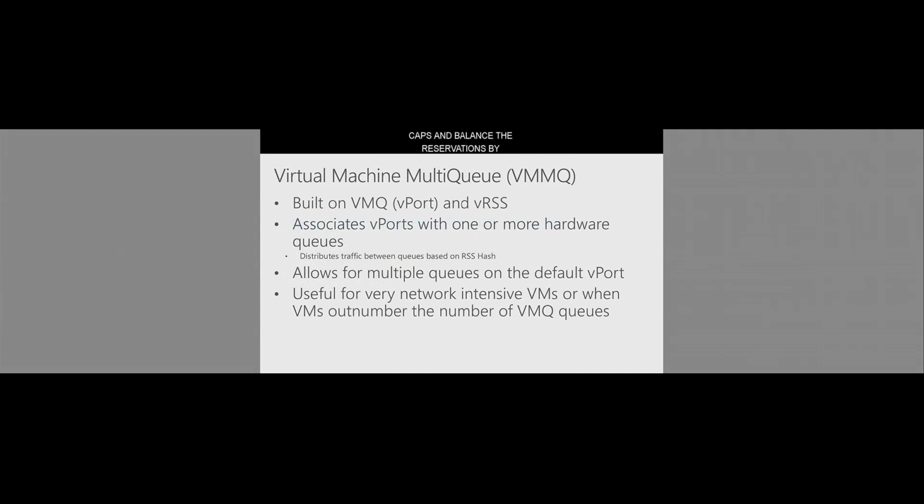VMMQ. So if we start with VMQ, remember getting the packets in and filtering them and saying each VM gets its own queue. And we looked at what VRSS did, where we took that queue and put it into the multi-highway traffic instead of a single lane highway to get to the VM. We said, let's do that now in hardware with our hardware partners.